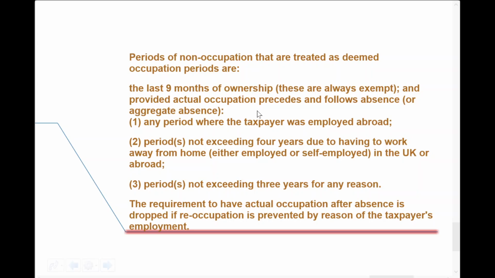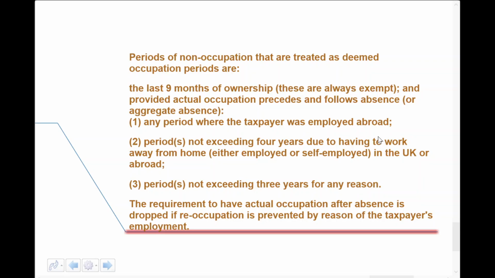Now, outside of that, as long as the following 3 periods were preceded and followed by actual occupation, they can also be included. So, number 1, any period where the taxpayer was employed abroad.